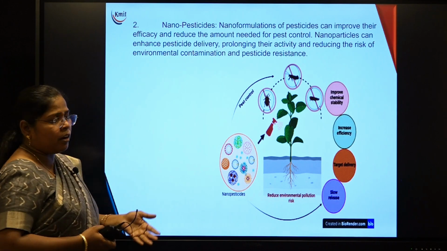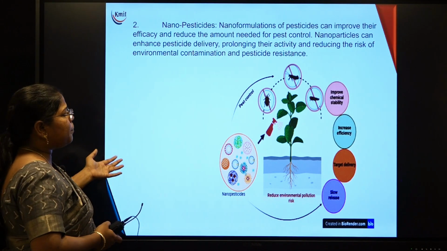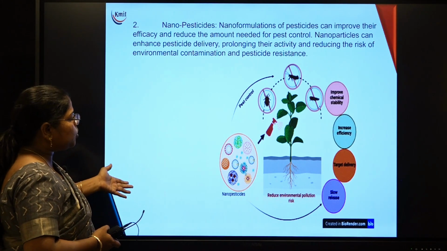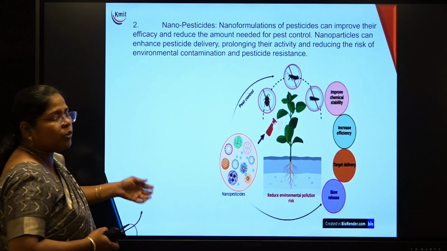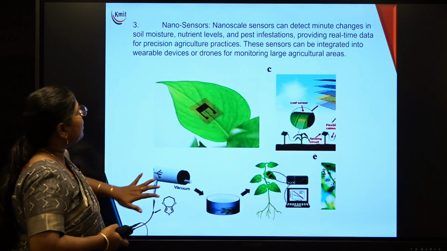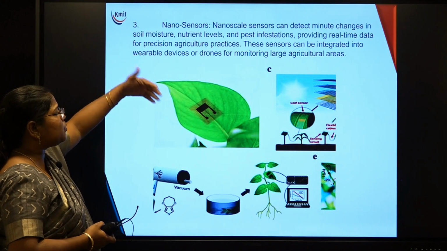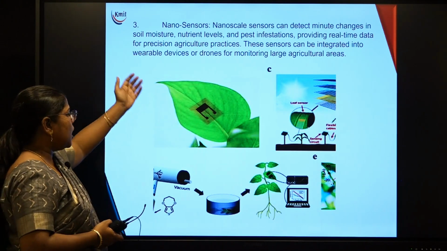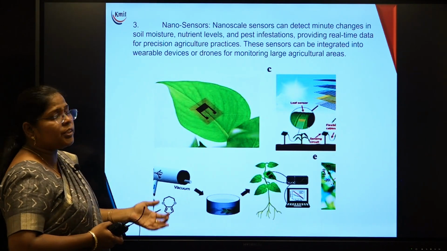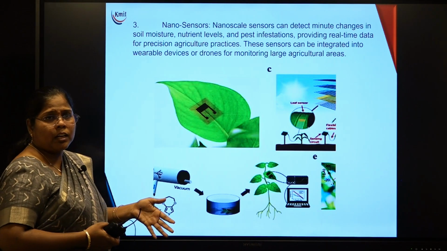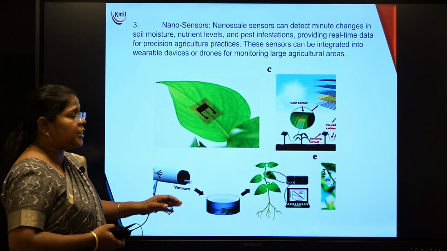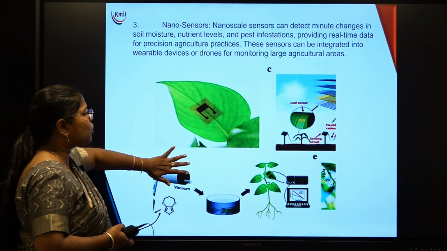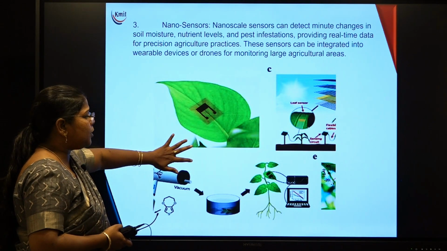We can also use pest control based on the detection of diseases. Next, nano sensors collect all the data and send the information to the AI algorithms. Based on that, we can take a decision to control the growth of the plant.